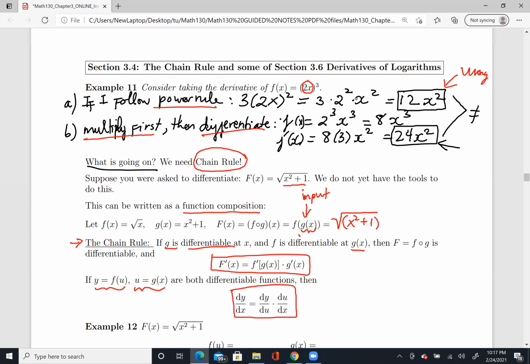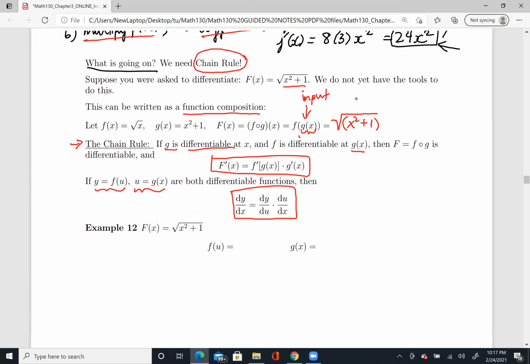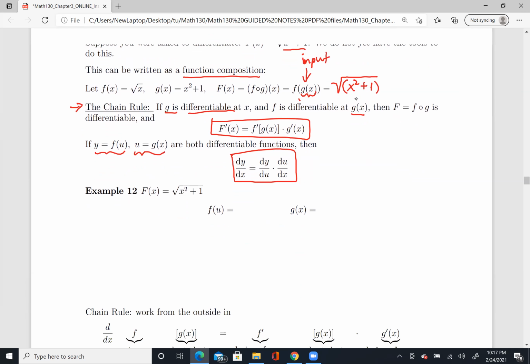So what does that mean here? The derivative of y with respect to x equals the derivative of y with respect to u, multiplied by the derivative of u with respect to x. Still complicated, I know. Let's try example 12 and see what happens.